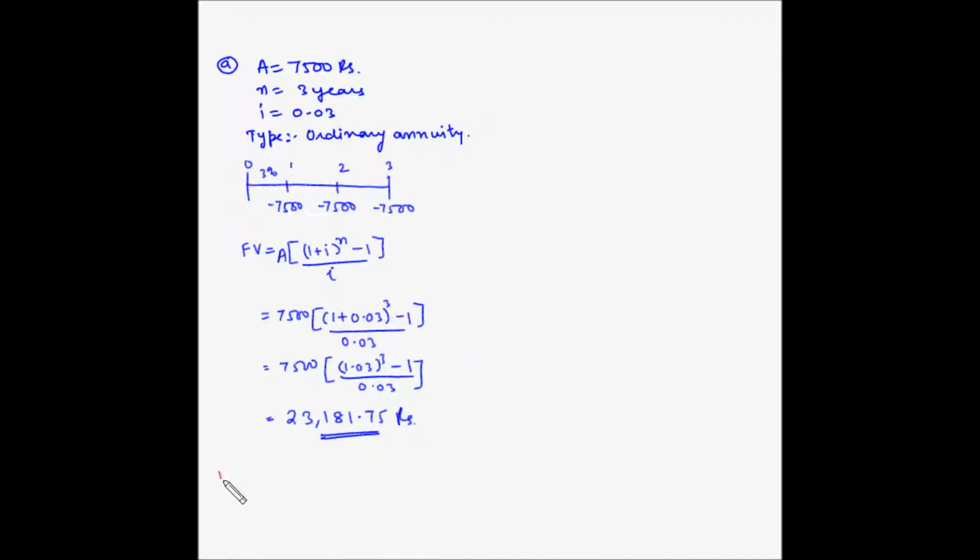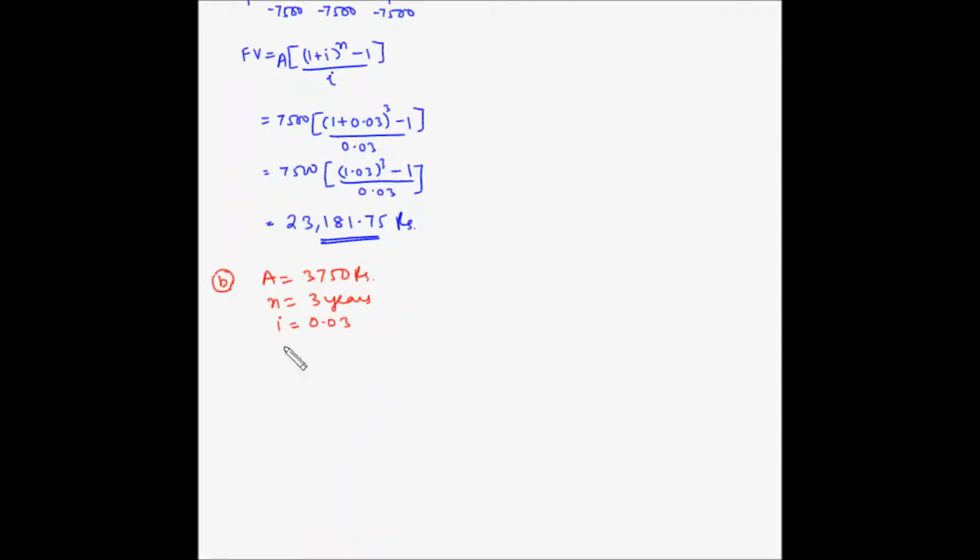Now let's move to part B. So part B says, what if in part A you deposited rupees 3,750 instead of rupees 7,500? So A is 3,750 rupees, N is the same 3 years, I is the same 0.03, and the type is also the same, that is ordinary annuity.